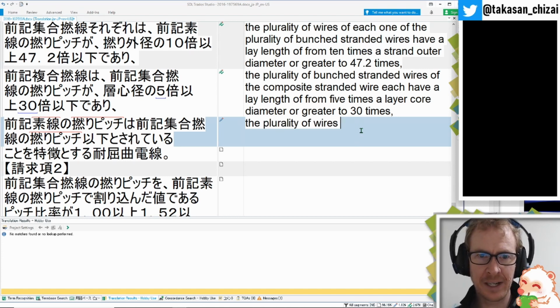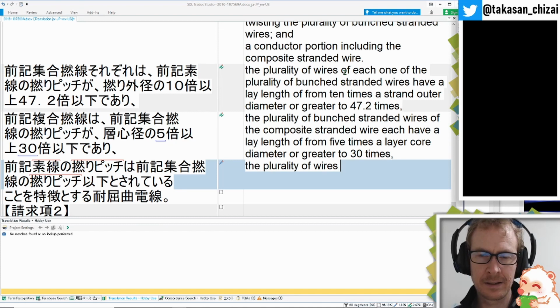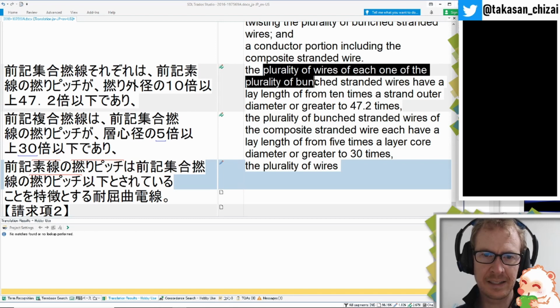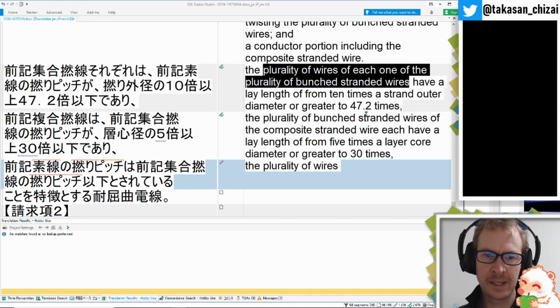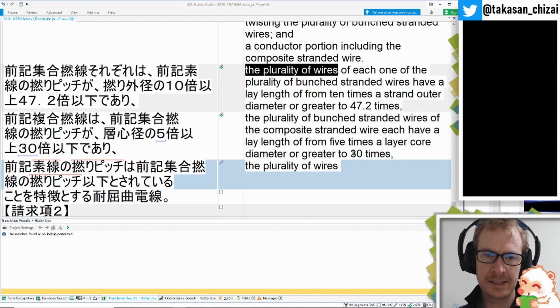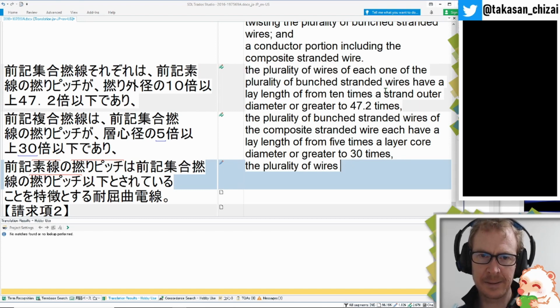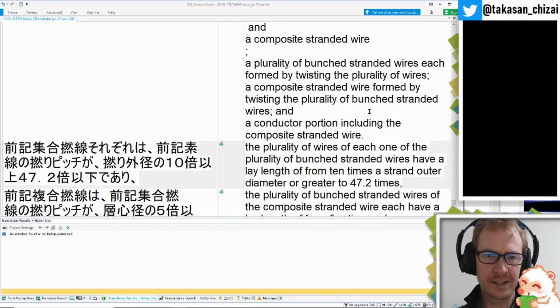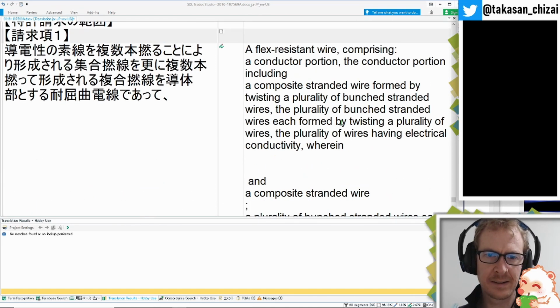The plurality of wires. I guess we've used it up here, but haven't we? And it's been used in the context of one bunch-stranded wire. So from here, this and this are the same. So we are focusing just on one bunch-stranded wire by twisting a plurality of stranded wire.